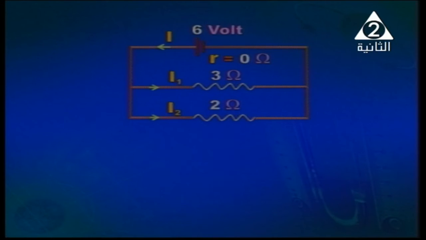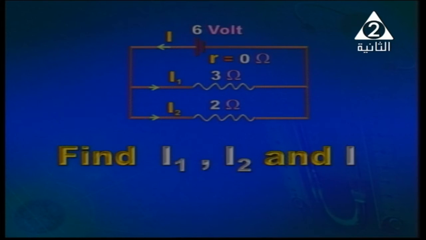The internal resistance of the battery is equal to 0. This is very important. And we want to calculate I1 and I2, also the total current. It's all easy. In this case, we've got two resistors connected in parallel to a 6-volt battery.